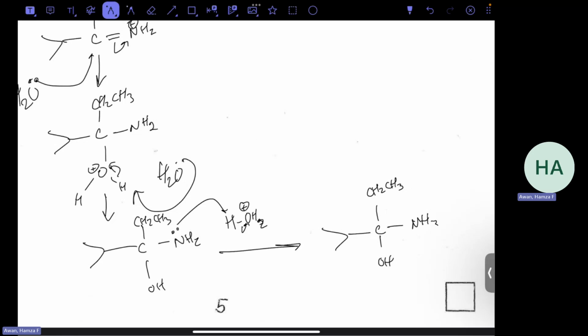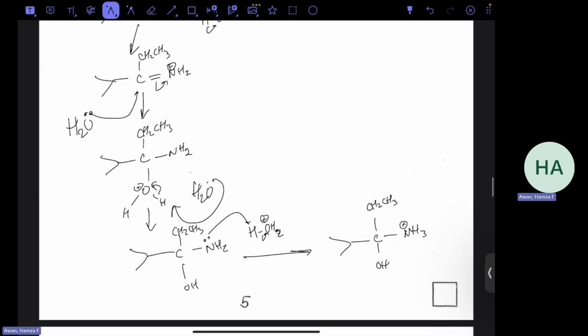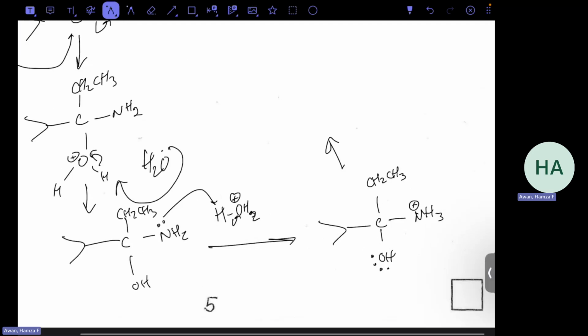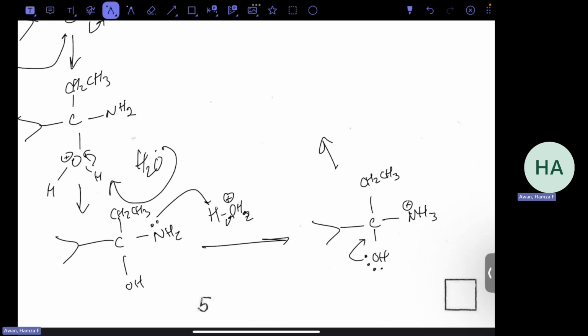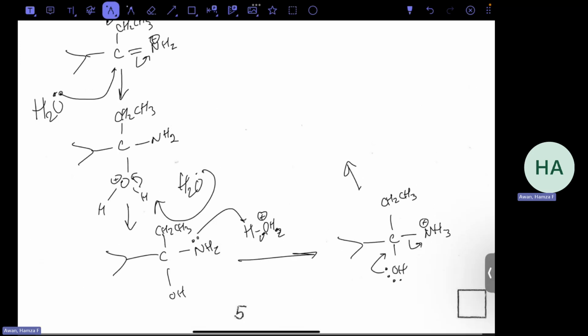And H3, and now we have a plus charge there. And finally, we have our NH3 leaving. So our oxygen has two lone pairs that it can use to resonate in order to remove this charge, right? So one of these lone pairs can come and create a double bond with the carbon and cause this NH3 to leave.